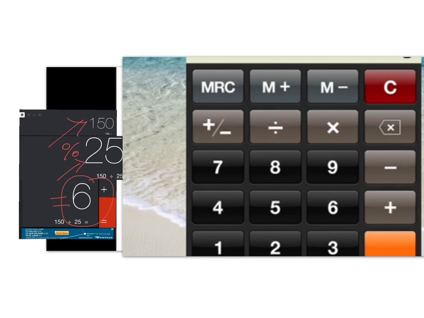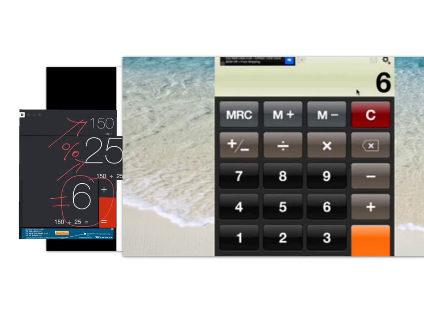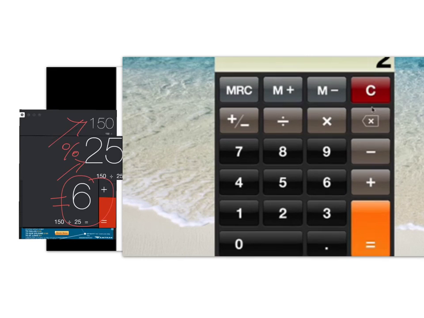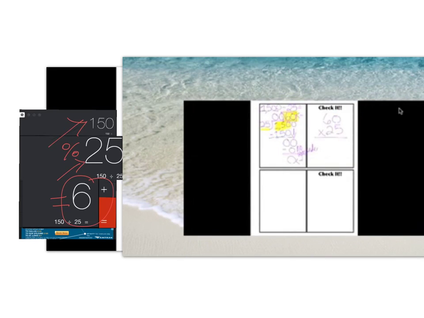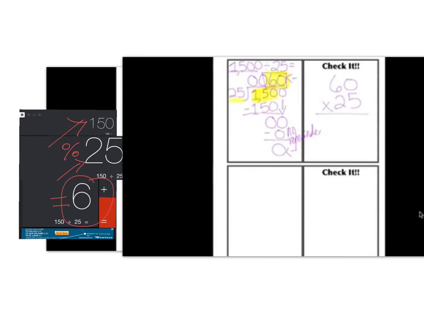So if I enter in 60 times 25, I get 1,500. So we know that we did it correctly. Remember that you can always check your division by doing the opposite with multiplication.